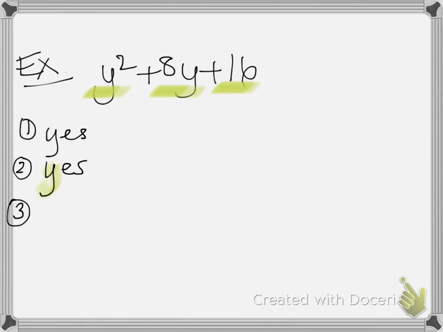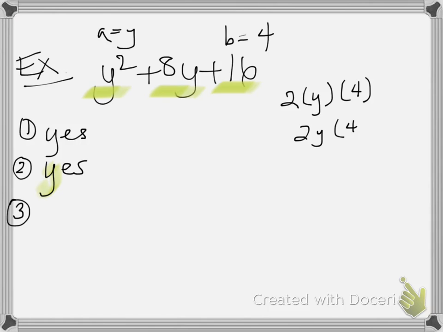Well, if a is equal to y and b is equal to 4, 2 times y times 4. Well, 2 times y is 2y times 4. 2 times 4 is 8y. So yes, it is 2 times a times b. So you have three yeses to your three essential questions.